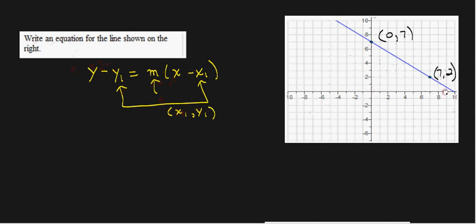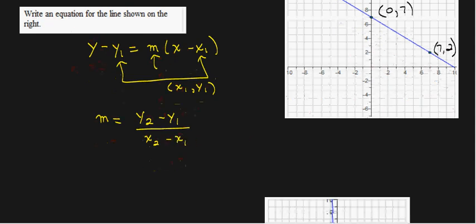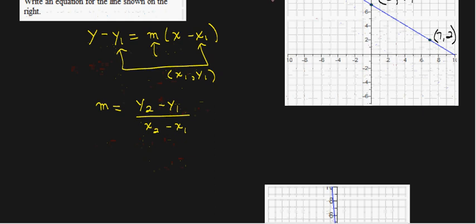So we do have 2 points, and with 2 points, remember, we can find the slope on our own. So our first step is to find the slope of the line. Remember, that's m is equal to y2 minus y1 over x2 minus x1, and we just plug in our 2 points.